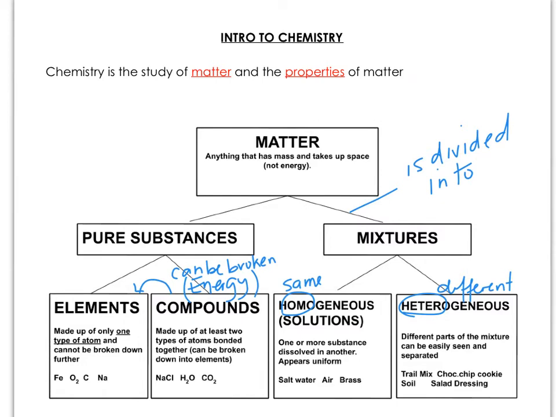You can pick them apart or you can sieve them. Basically, trail mix, chocolate chip cookies, soil, salad dressing, all of these do not look uniform in appearance, so they are heterogeneous mixtures. So matter is either pure substance or a mixture, and we're really going to take a look at elements and compounds quite a bit in later solutions.